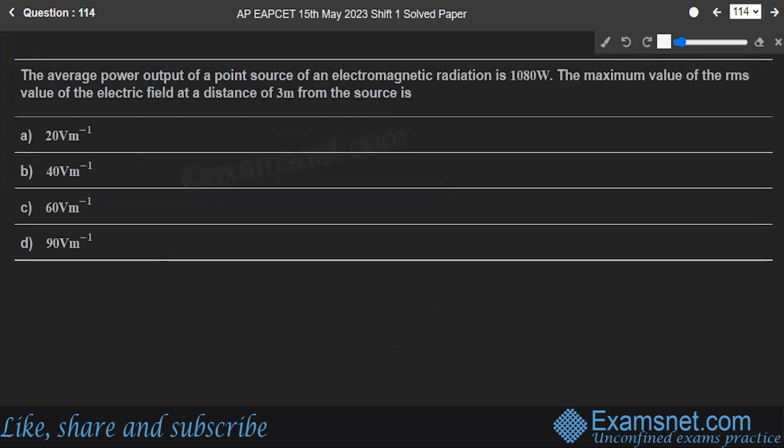Next is question number 114. The average power output of a point source of an electromagnetic radiation is 1080 watt, and the maximum value of the RMS value of the electric field at a distance of 3 meters from the source is.